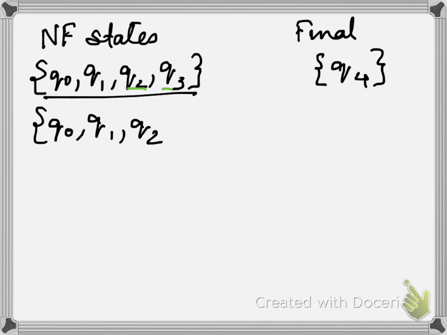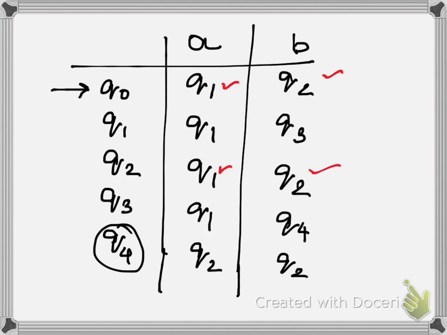Now we are left with Q3. Now we can check with any of these 3 states, Q0, Q1 or Q2. So let us check with Q0 again. So I'll just remove these markings. So I have Q0 and Q3. Q0 on A goes to Q1, Q3 on A also goes to Q1. So fine.